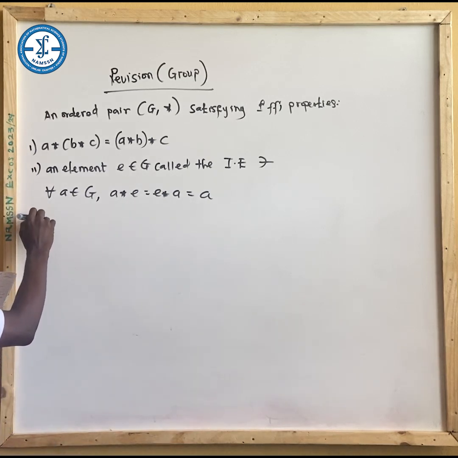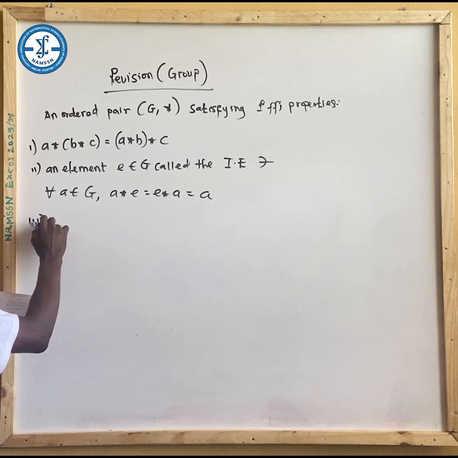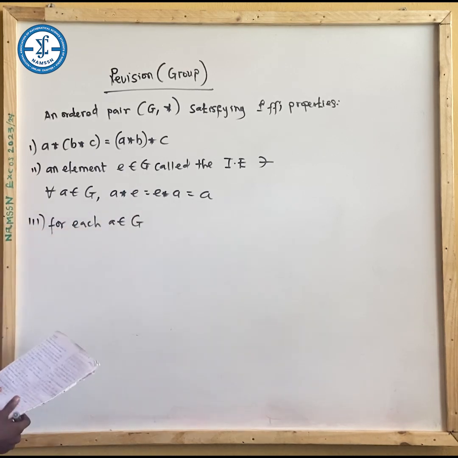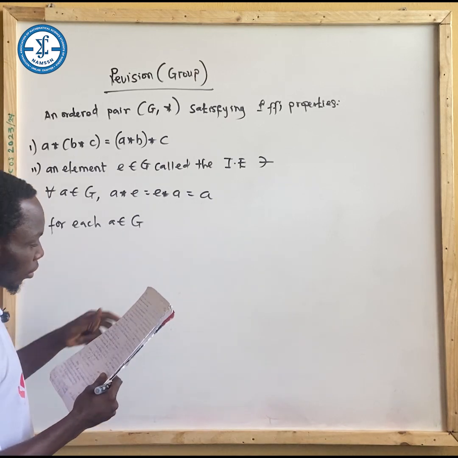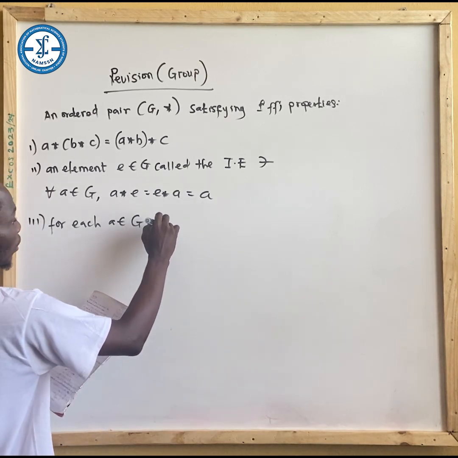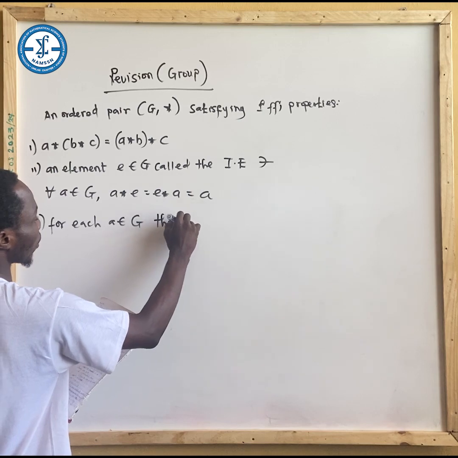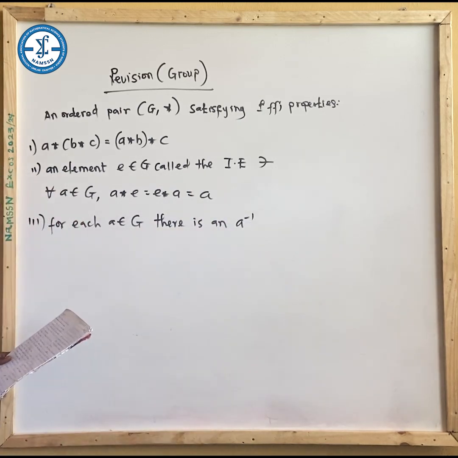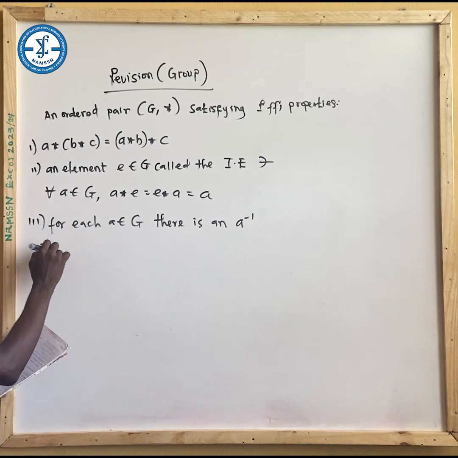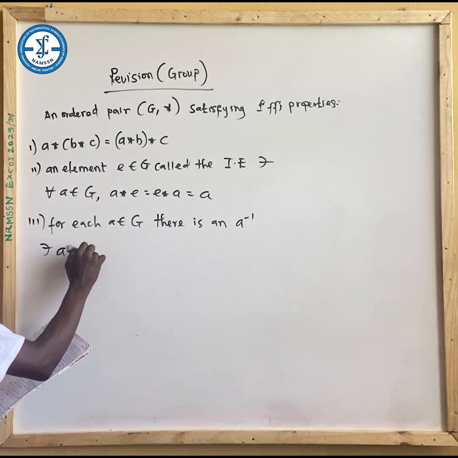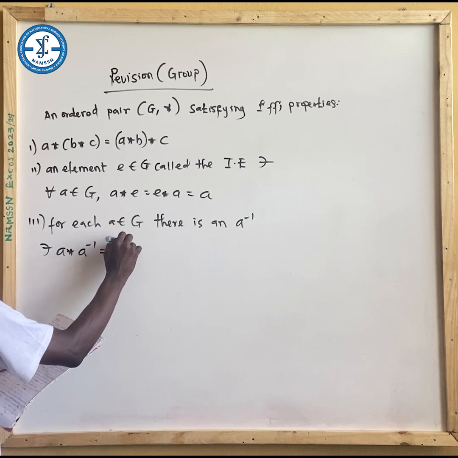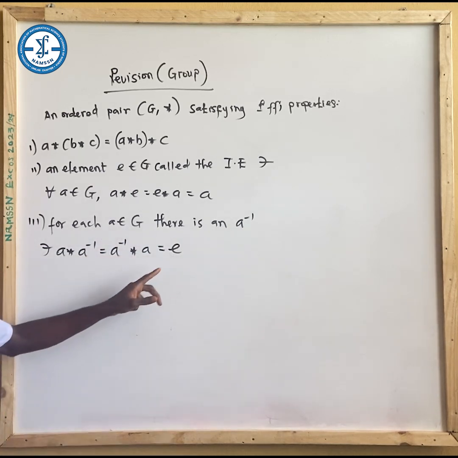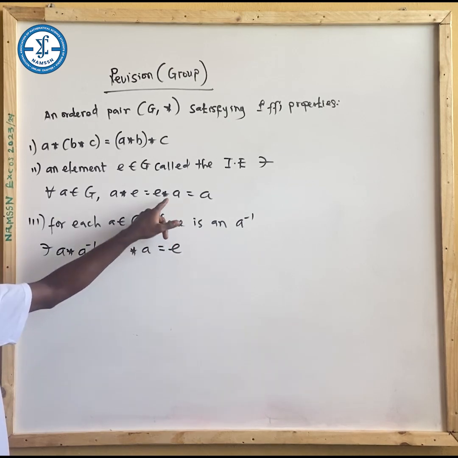And then the third one: for each element A in G, there is an inverse element, let's say A inverse, such that A star A inverse equals A inverse star A, which gives me my E. Here, my E is the identity element.